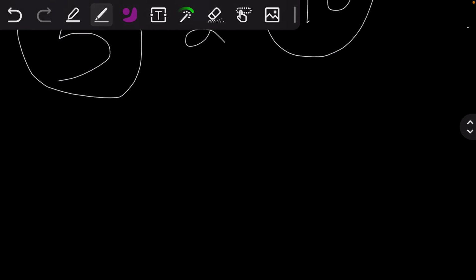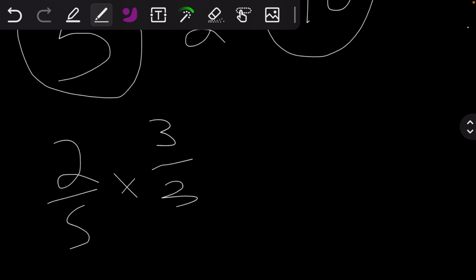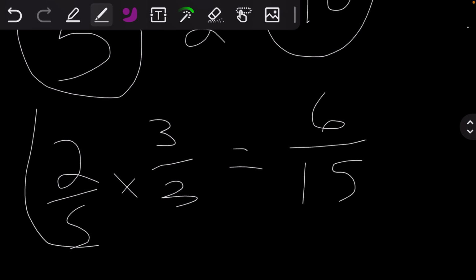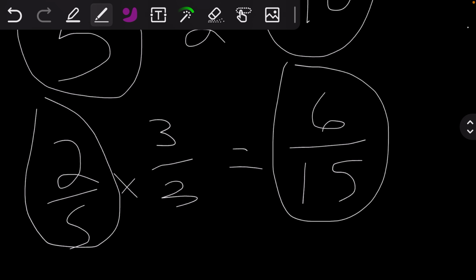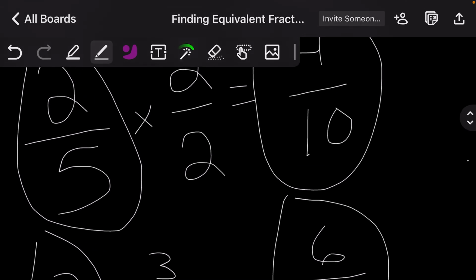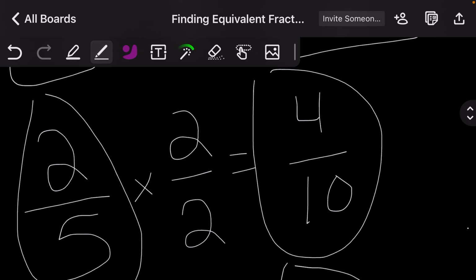And then let's also take 2 over 5 and multiply the numerator and denominator by 3. 2 times 3 is 6, and 5 times 3 is 15. So 2/5 and 6/15 are also equivalent fractions, and so is 4 over 10.